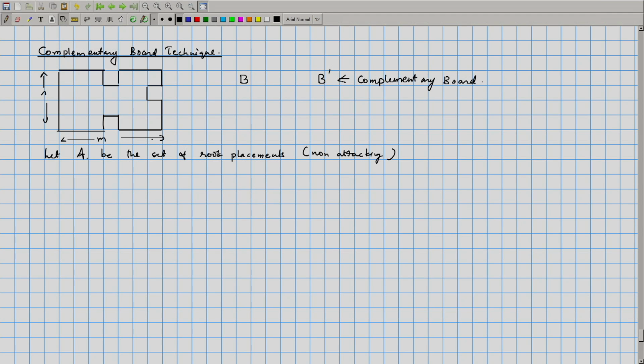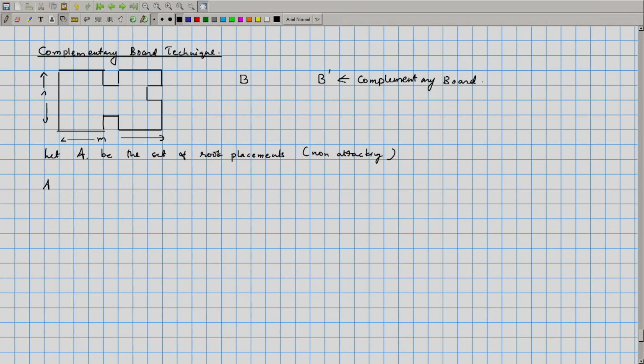So A is the set of all possible Rook placements without considering what is allowed and what is not allowed. We need to think of a rectangular bounding box for the board, and the set of all possible placements in that is what we will call A.